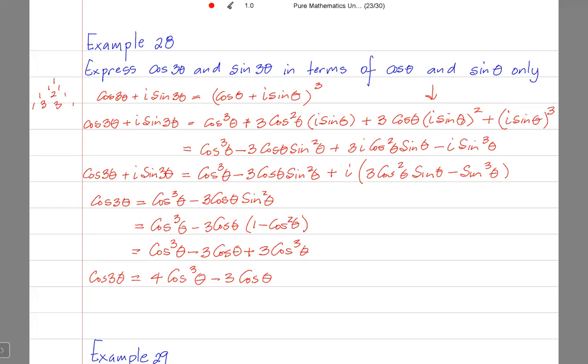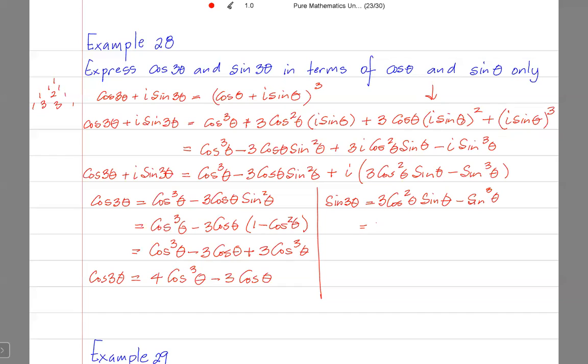So that is using the real part. Now the imaginary part on the left, which is sine 3 theta, is equal to the imaginary part on the right, which is 3 cos squared theta sine theta minus sine cube theta. They need it in terms of sine theta only, so I need to get rid of the cos square.